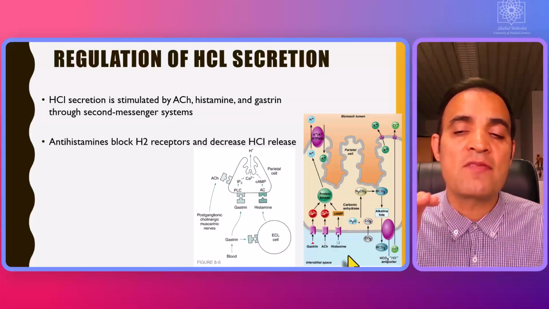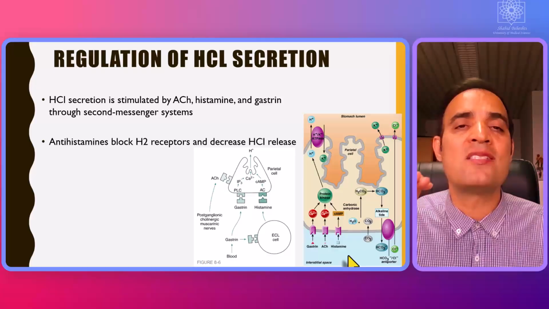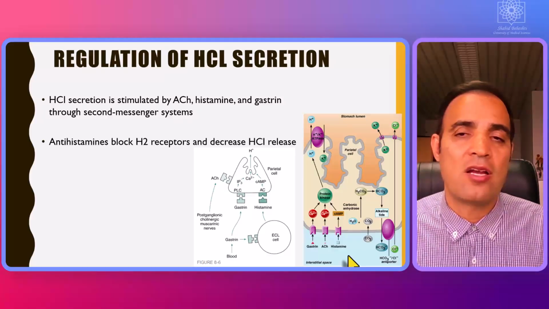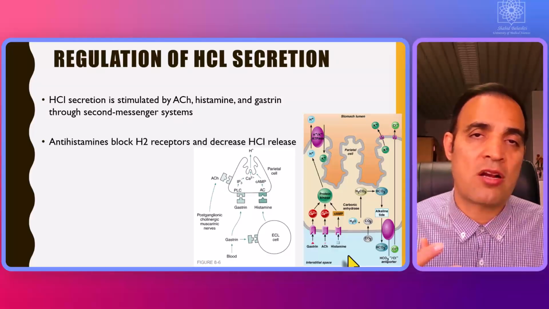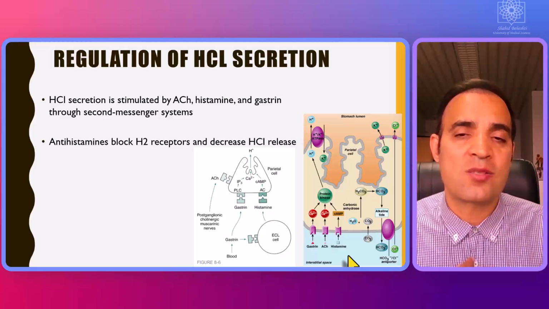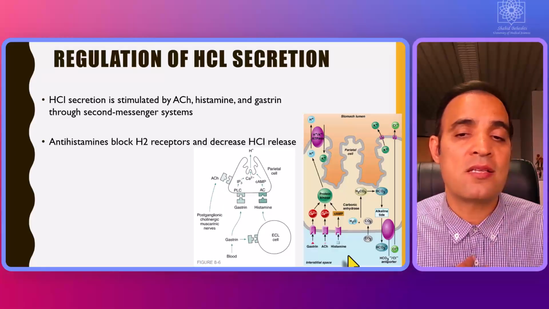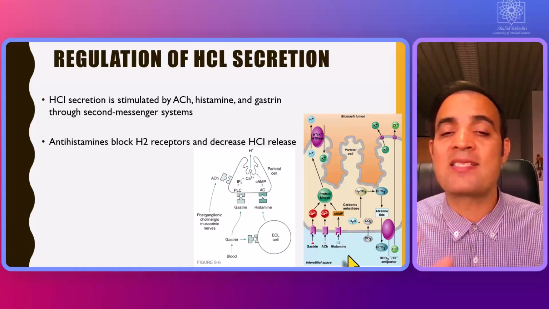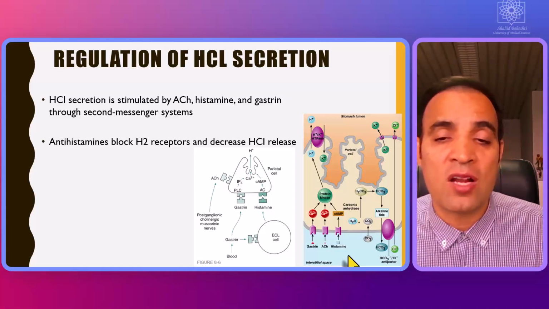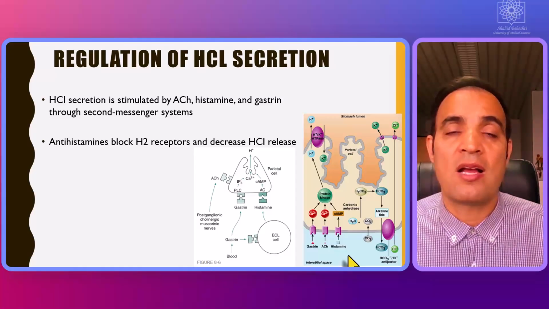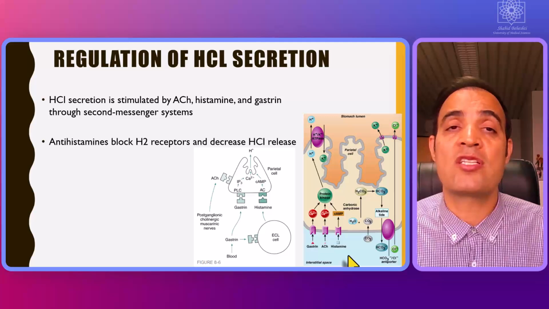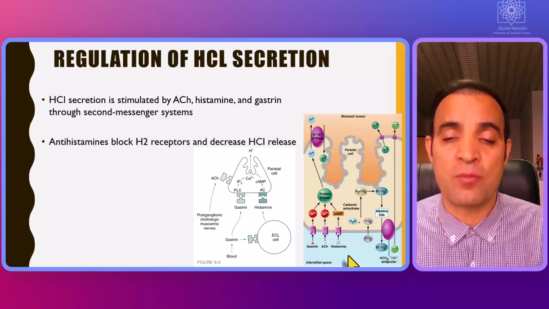Therefore, inhibition of this receptor can decrease the secretion of acid and the acid content of the stomach. This is the mechanism by which histamine is involved in the regulation of acid. It shows how important this histamine is.